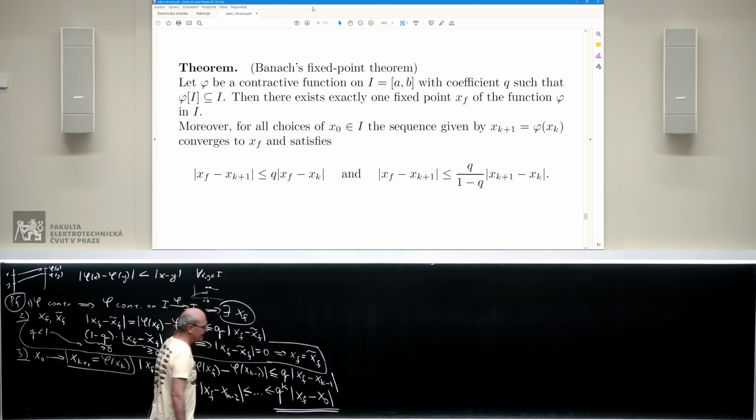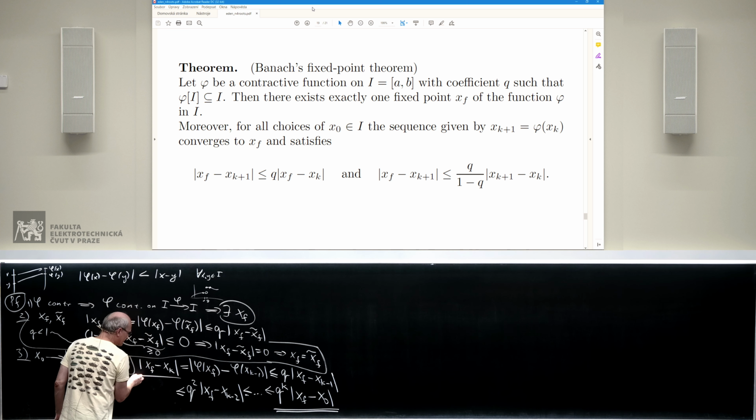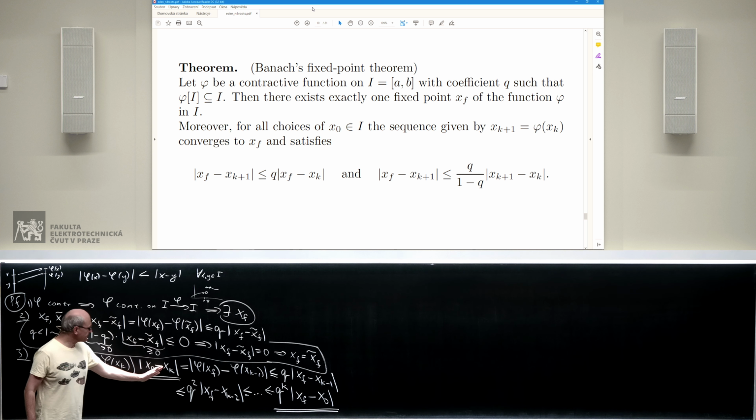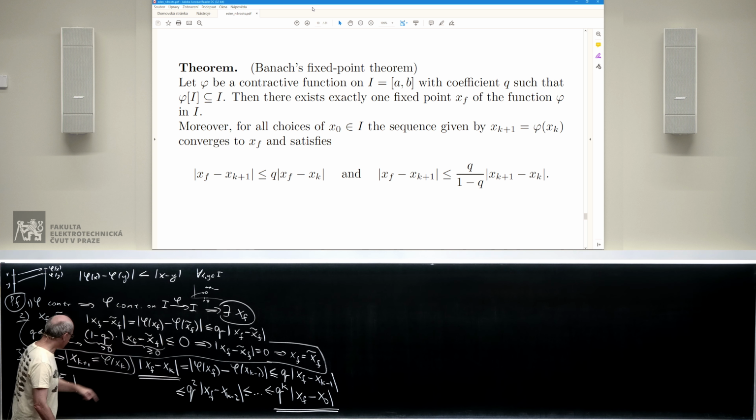On the right, I have an upper bound for this number, which is actually the error of approximation. Remember, I have my fixed point, I'm trying to approximate it, and I found that this, which is the difference between the actual value and my approximate value, the error, is bounded by q to power k times the initial error.